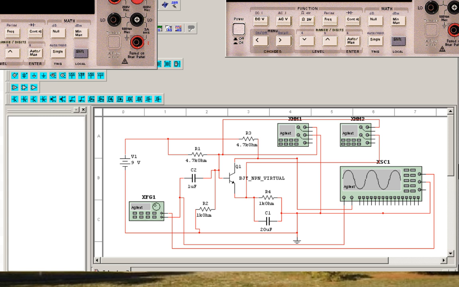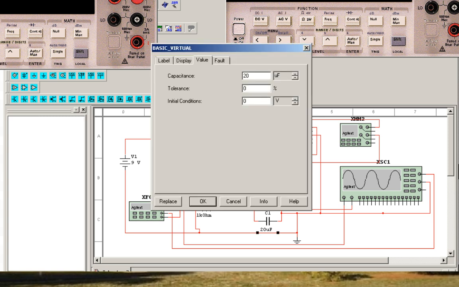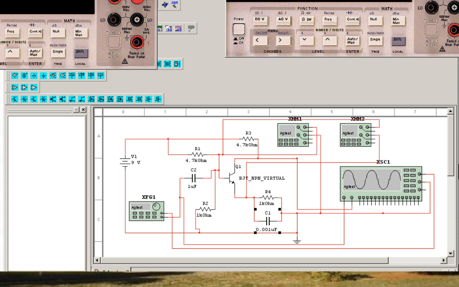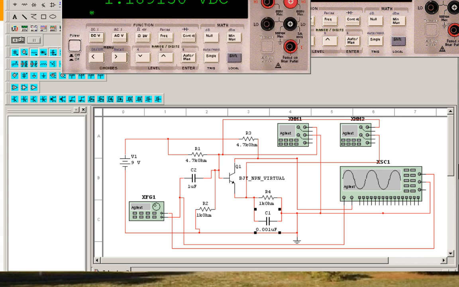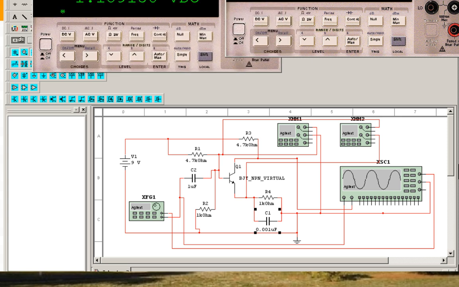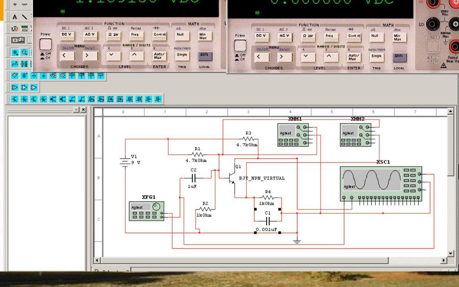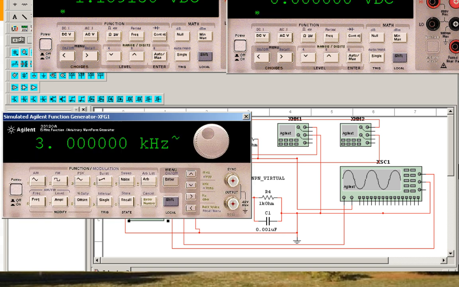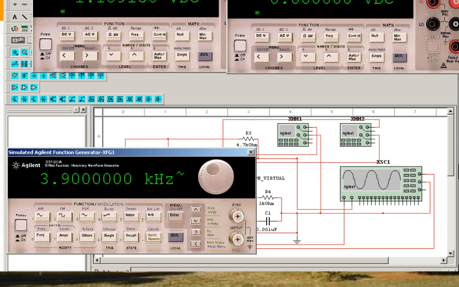And I want to change this capacitor to a much smaller value. Our generator is set to 3 kilohertz.